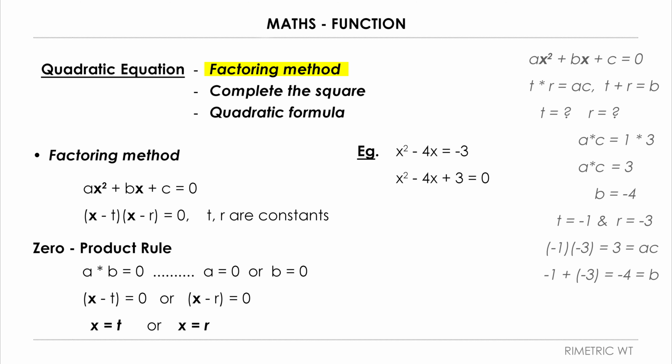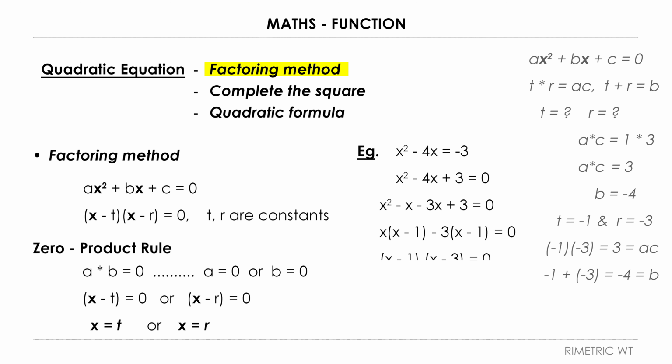Then we express the coefficient b in terms of the two numbers, negative 1 and negative 3. Therefore, our equation will be x squared minus x minus 3x plus 3 equals 0. Then we extract common terms: x in common, x minus 1, minus 3 in common, x minus 1 equals 0.